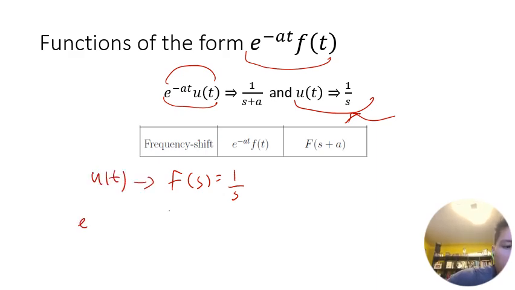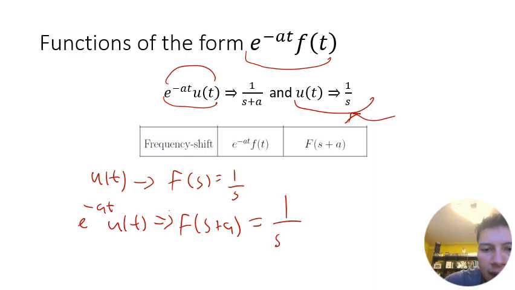And so e to the negative at u of t gives me f of s plus a, which is 1 over s plus a. So we could have derived this using the frequency shift also. So these properties are very useful because then you can avoid doing integrals.